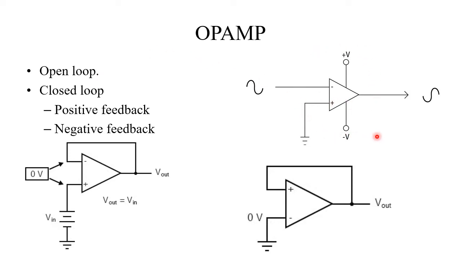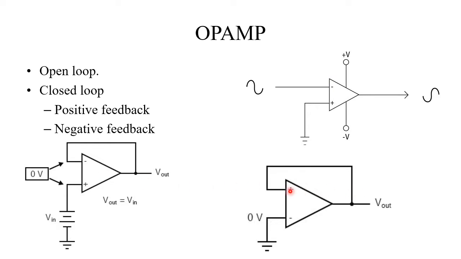This diagram is an open loop configuration because there is no feedback. Feedback means the output is given to the input. So in this picture there is no feedback, and therefore it is called the open loop configuration.